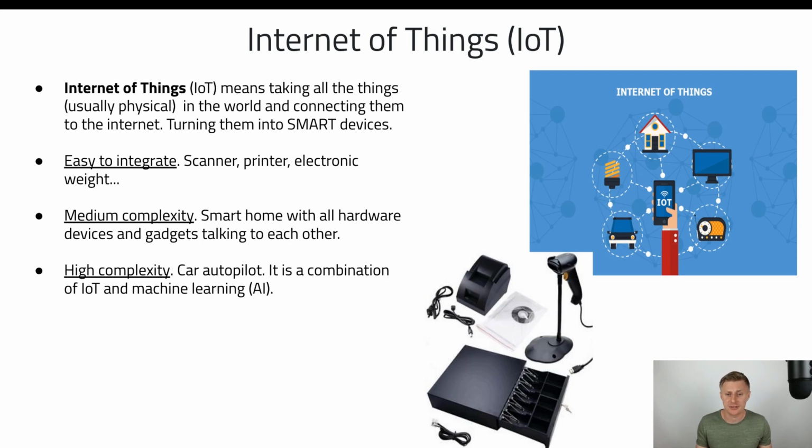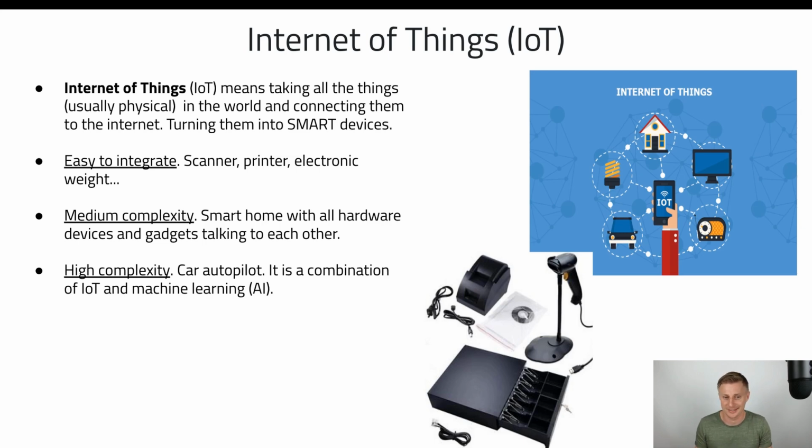You can manage your house manually or it can be adjusted automatically with some software based on weather conditions or any other criteria. And also we have cars with autopilots, which is a combination of a physical device, a car, and smart technology on the other side, using some machine learning component and artificial intelligence. This is like the autopilot in a Tesla car.